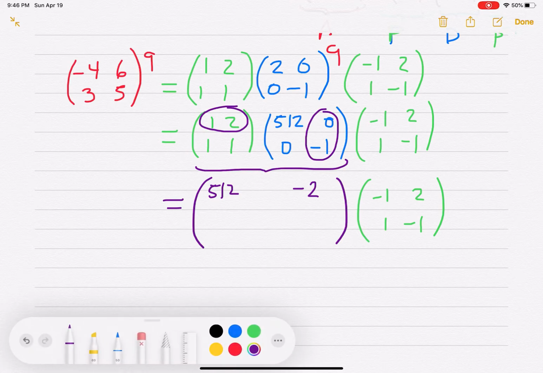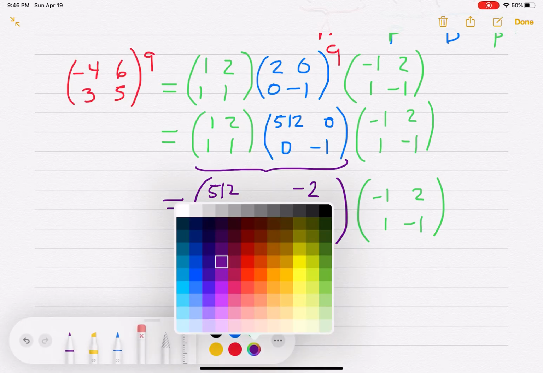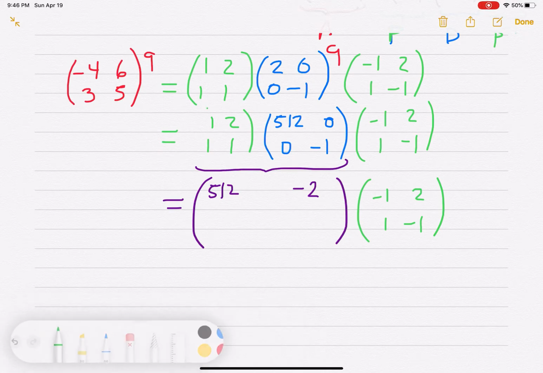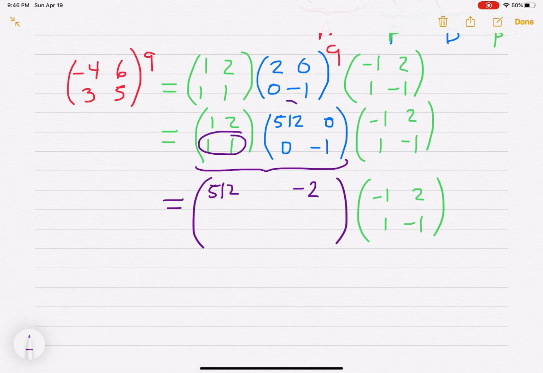Now we want the second row, first column. Second row and first column, we're going to take 1 times 512, we get 512, plus 1 times 0 is 0.